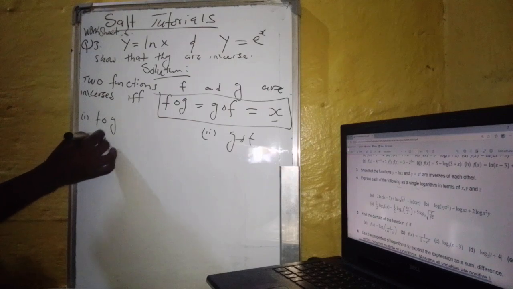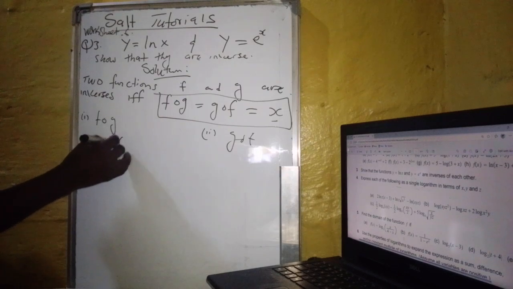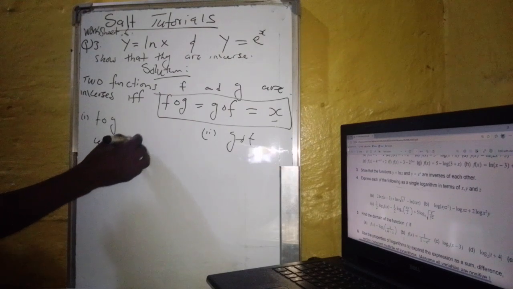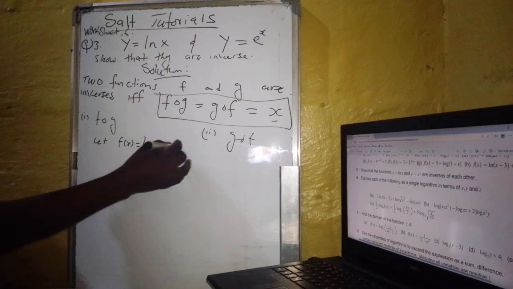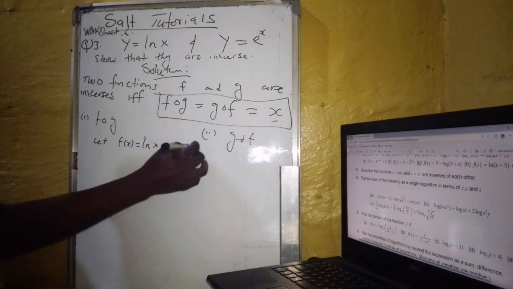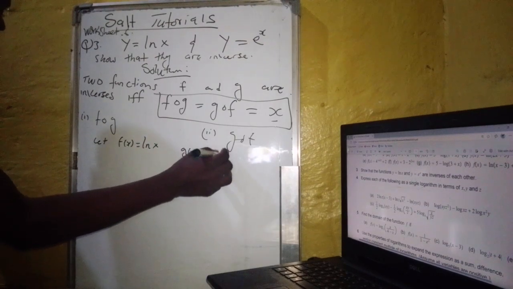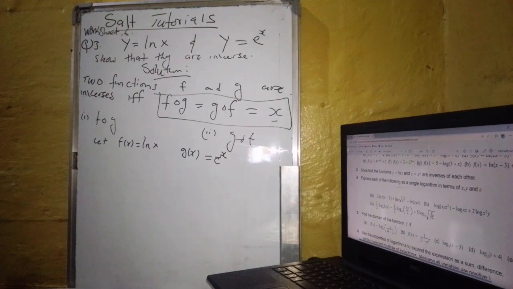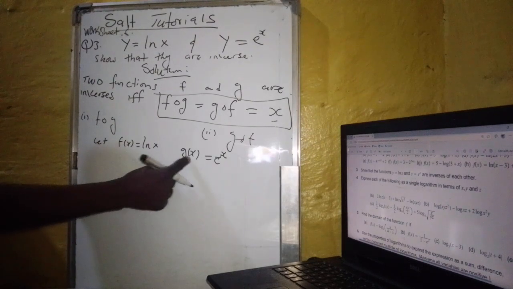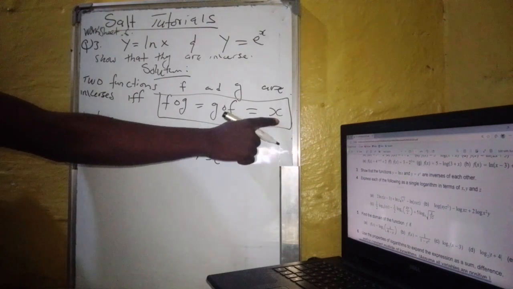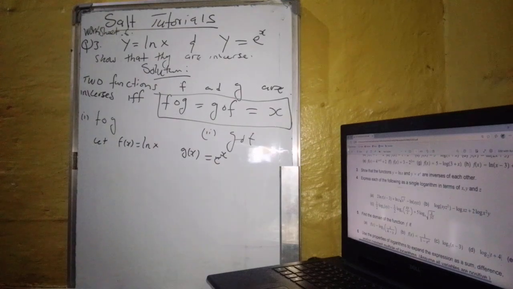We can let f of x equal the natural log of x, and let g of x equal e power x, so that f of g and g of f should give us x.